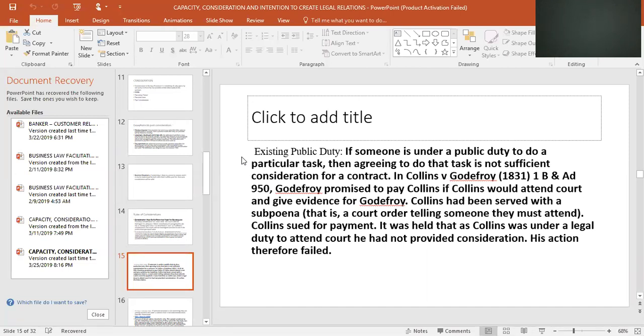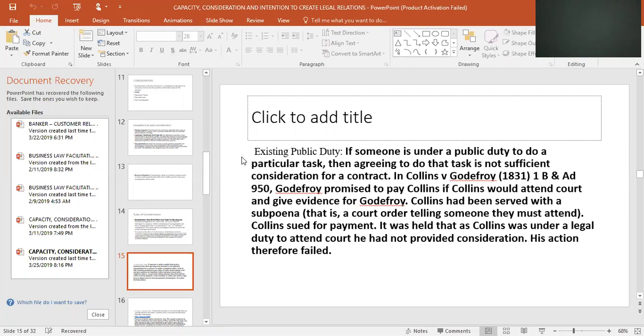If you read the case of Collins versus Godfrey, what happened was that Godfrey promised to pay Collins if Collins would attend court and give evidence on his behalf. Meanwhile, the court had already subpoenaed Collins to come and give testimony.